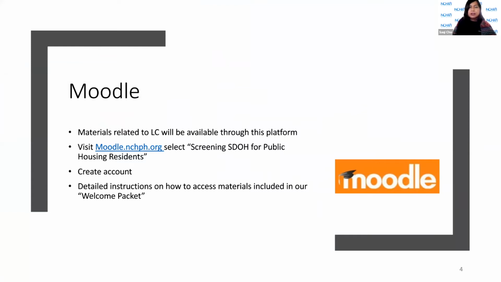And there are some detailed instructions on how to do that in the welcome packet. But please let me know if you're having any trouble getting onto Moodle. One of the other benefits of using Moodle is that it also has an online discussion forum, so you can post any additional thoughts or questions that you might have, and everyone else will be able to see that there as well.